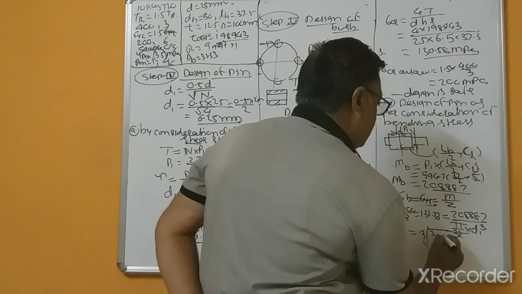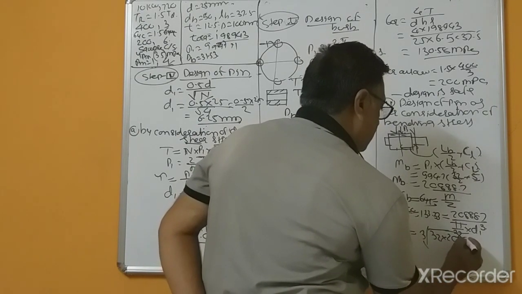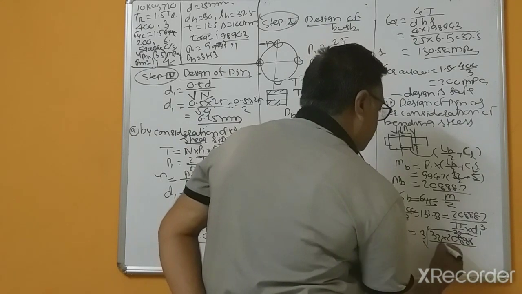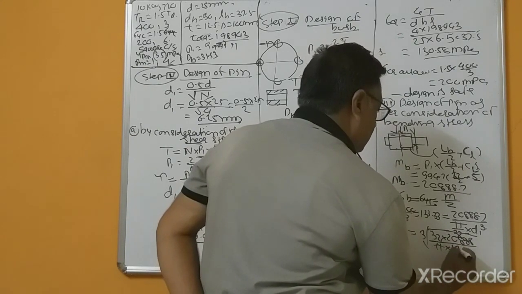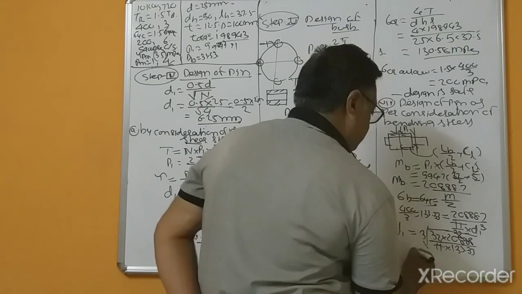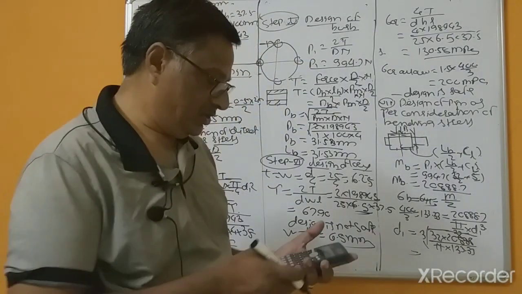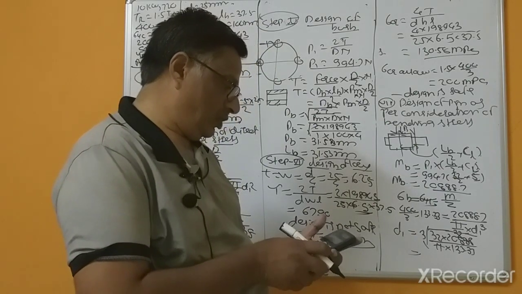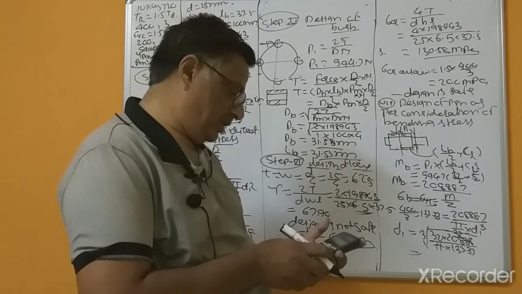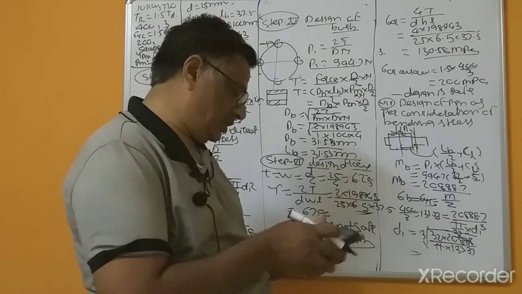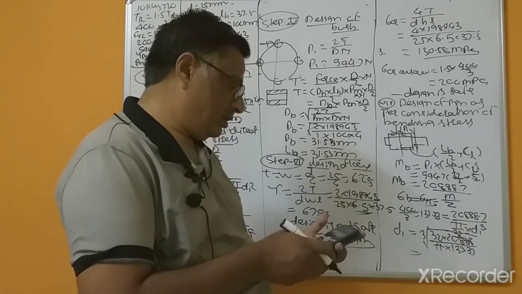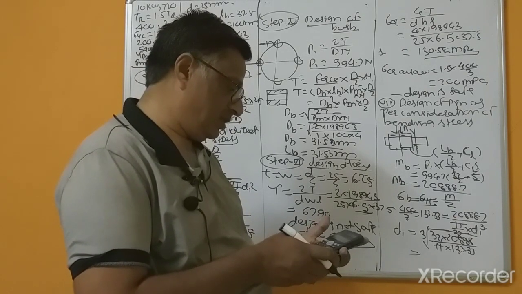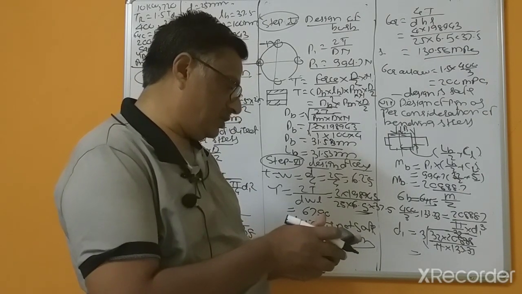This is 32 multiplied by 2088.7 divided by pi divided by 133.33, and this is cube root.